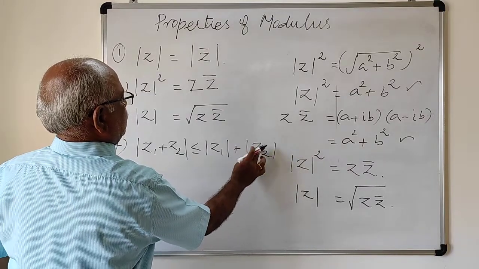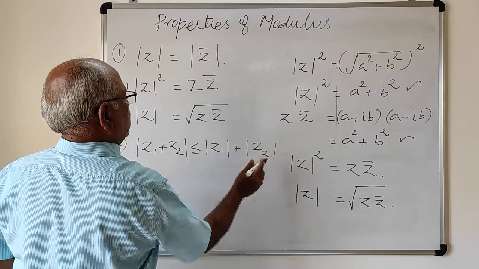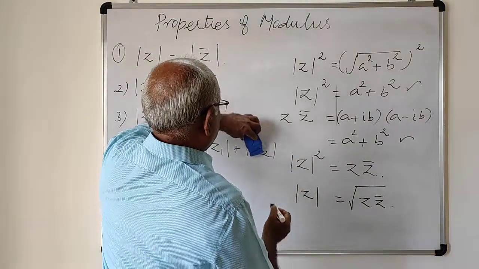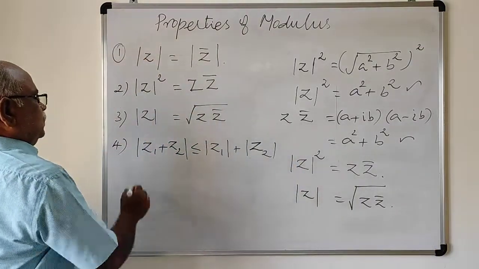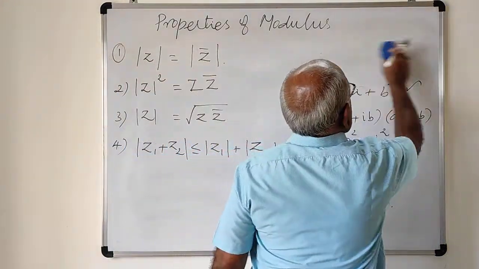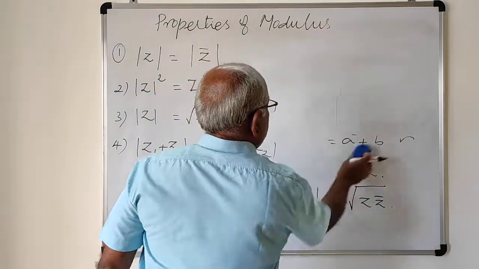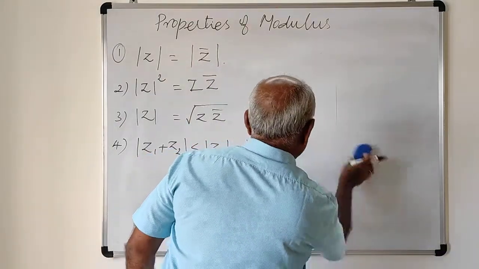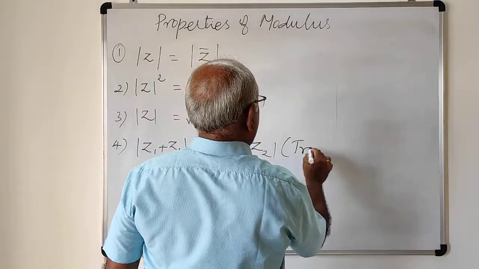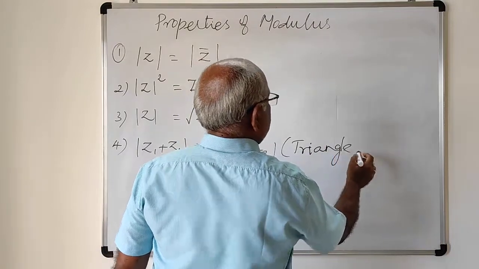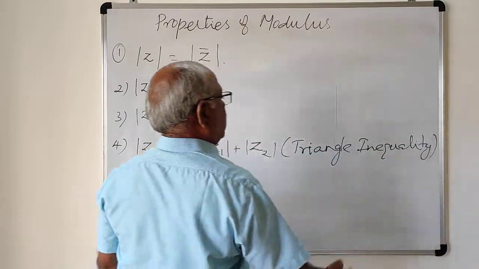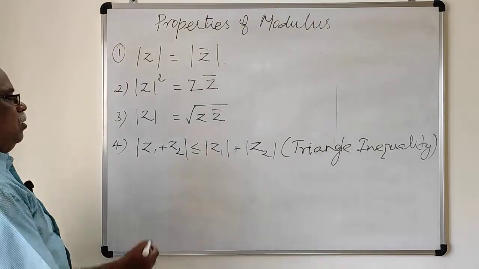This fourth property is called the triangle inequality. Mod of z1 plus z2 is less than or equal to mod of z1 plus mod of z2.